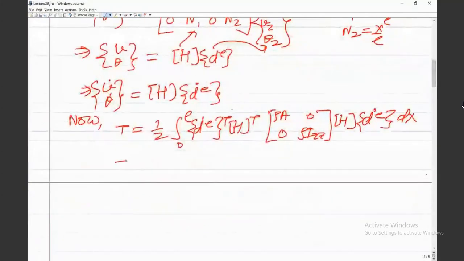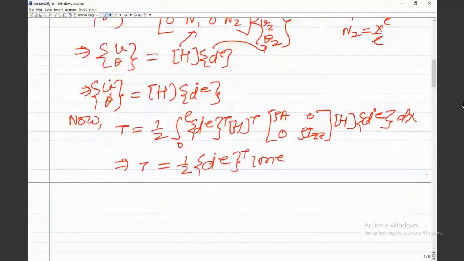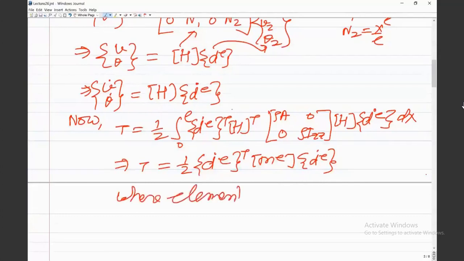So this is what you have, and now dE dot can be taken out of the integration sign. So we can write this T as half of dE dot transpose into the element level mass matrix ME into dE dot.